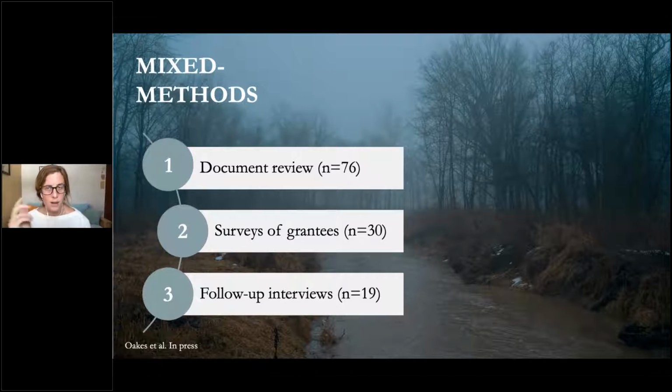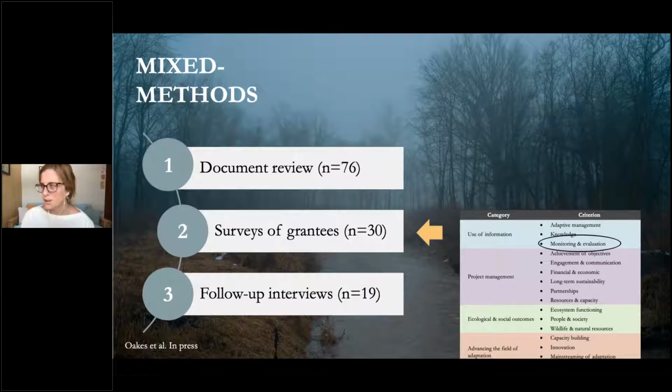So we dropped down to 30 survey respondents who filled out more information. And then we went back with follow-up interviews to clarify any discrepancies and go in depth about what we found in the surveys. So again, those surveys of the grantees come from just one question, one section of the larger survey structure that we designed.